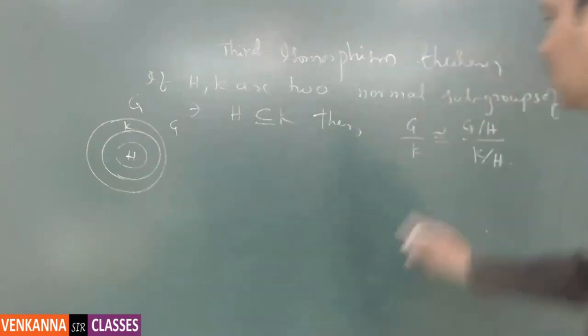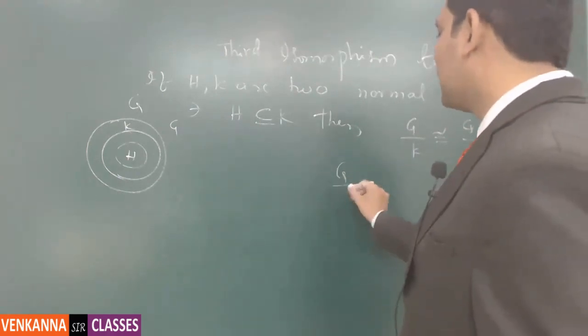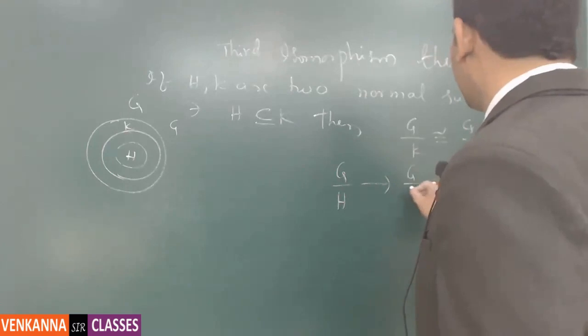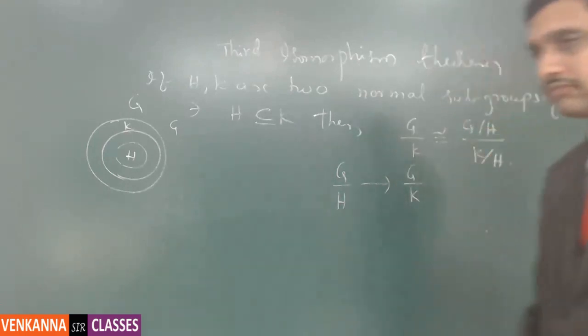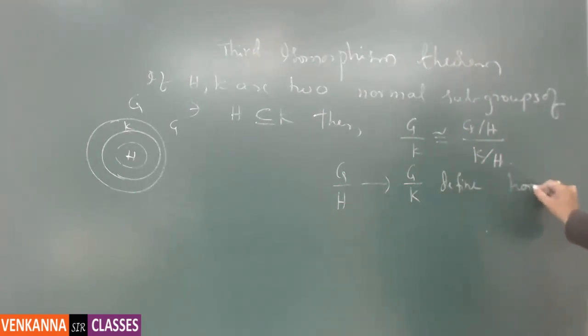To prove that these are isomorphic, I am going to write a function from G by H to G by K. I have to define a function such that I prove this function is a homomorphism and onto.